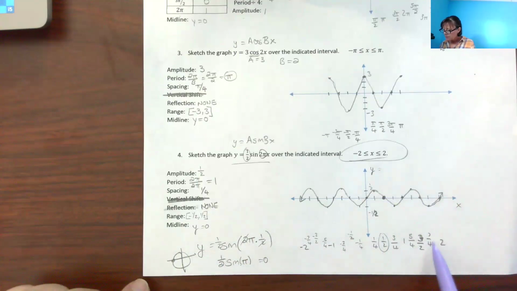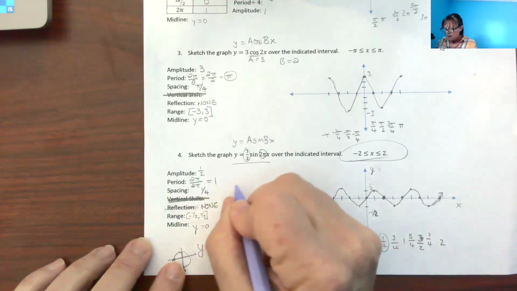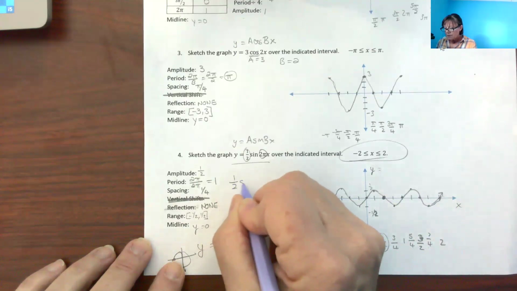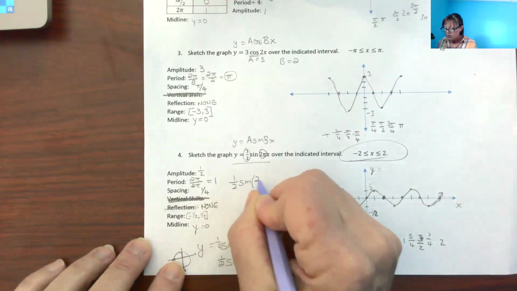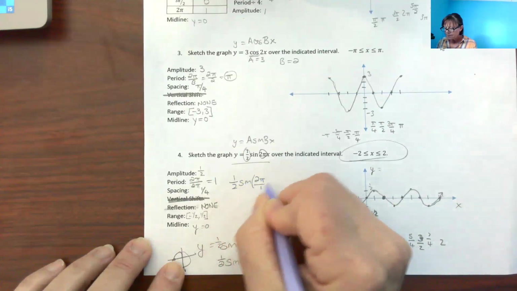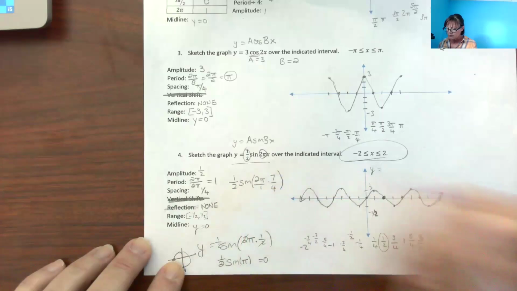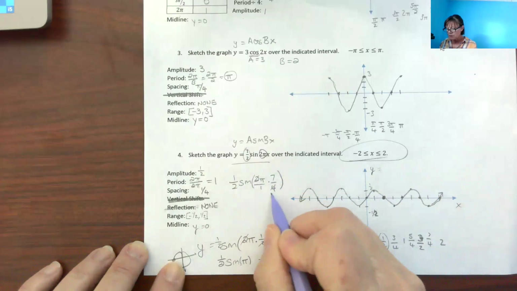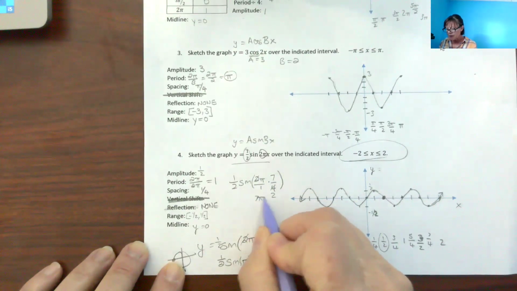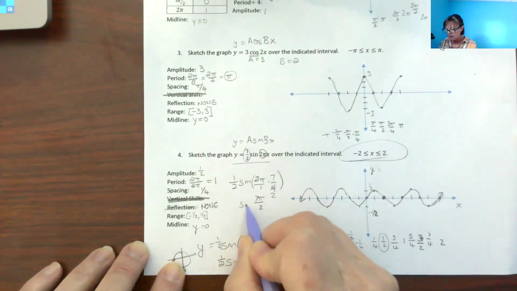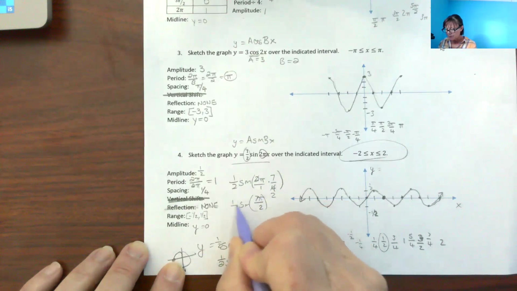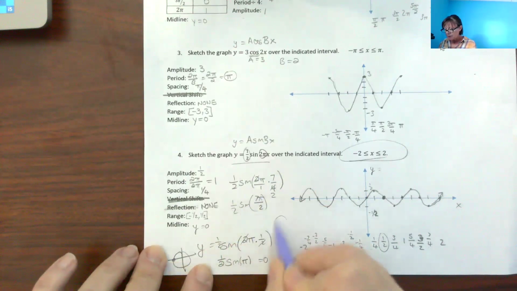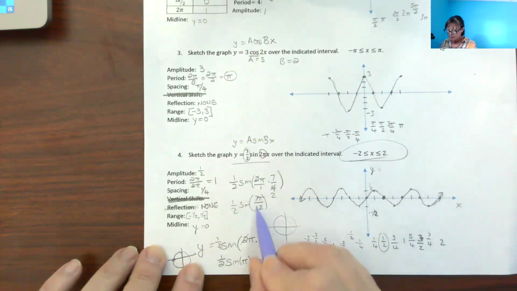Let's try something else. Let's try 7/4 and make sure we're in the right place. 1/2 the sine of 2 pi times 7/4. Well, 2 can go into 4 2 times. So we're looking at 1/2 times the sine of 7 pi over 2. All right, here's my unit circle. 7 pi over 2.